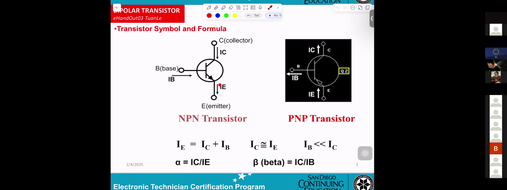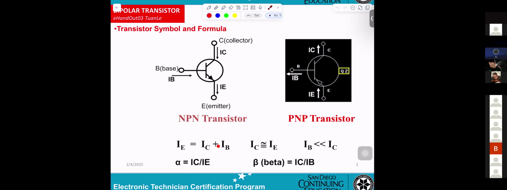However, emitter will be leaving, and the formula will be applied to the transistor. Okay, first thing you can see they say IE, emitter current, will be equal to IC plus IB.